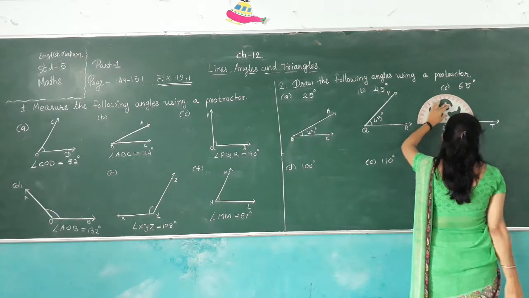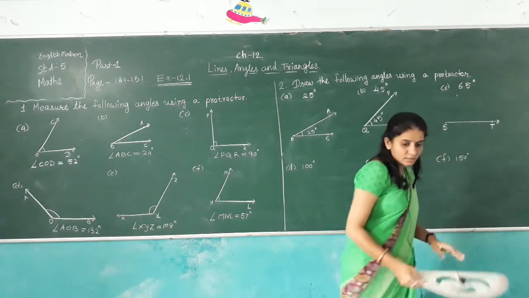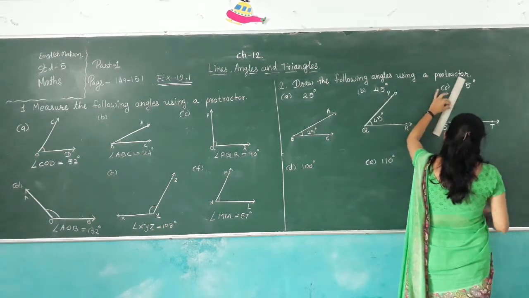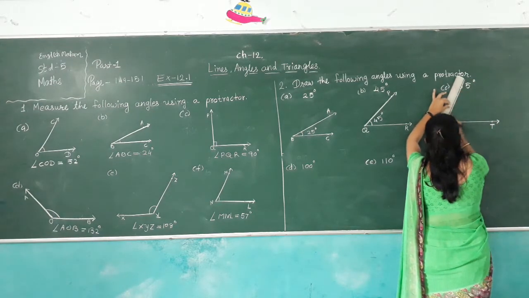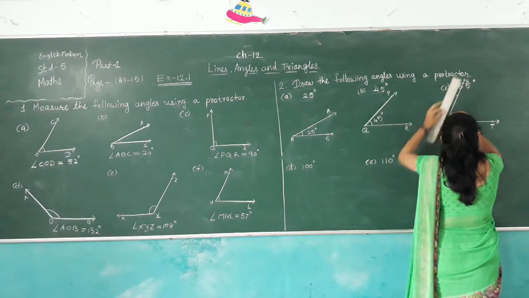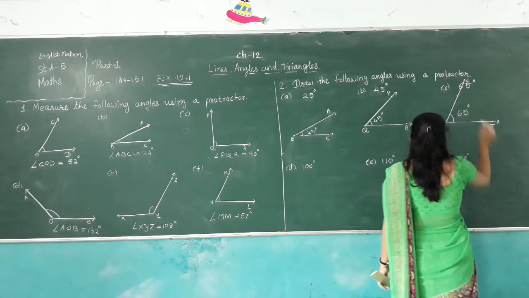Then 65 degrees. Put a dot here and join it with a ruler. Give the name R. So angle RST's measurement is 65 degrees.